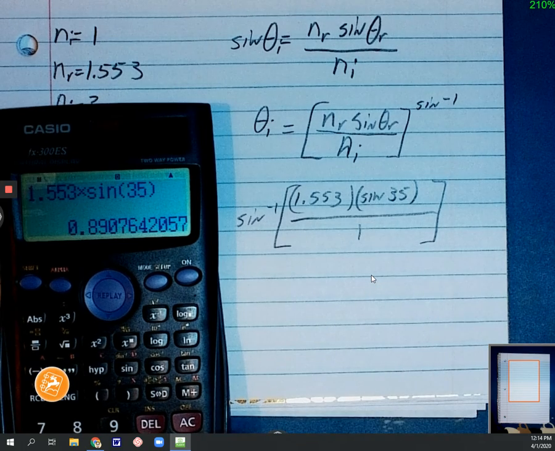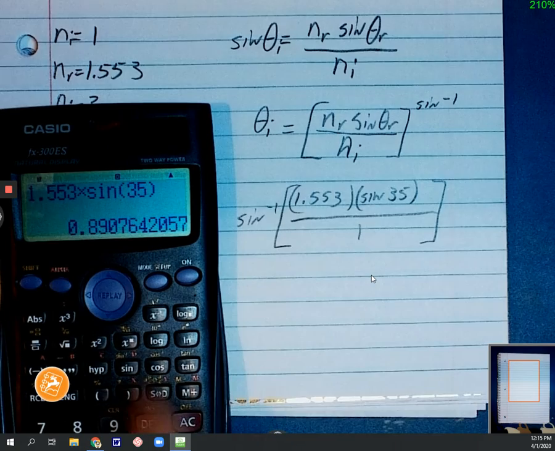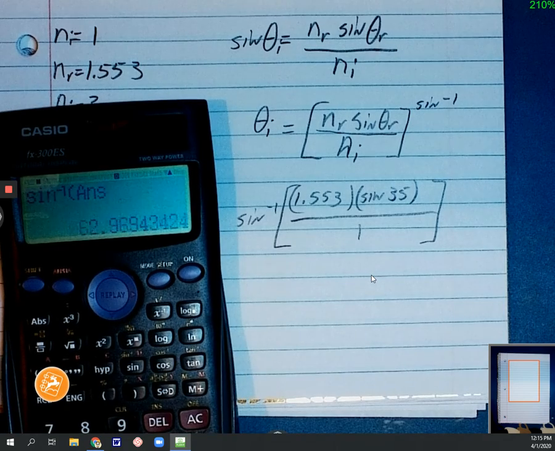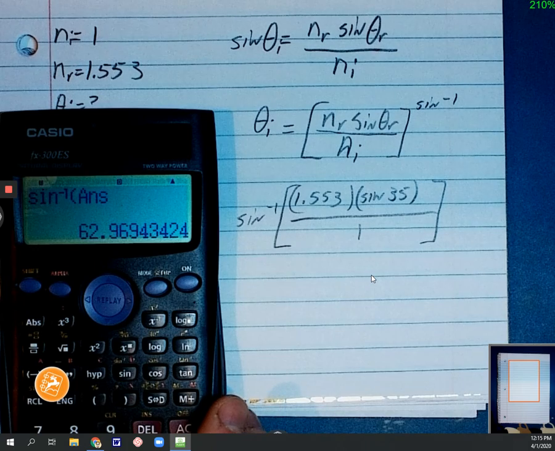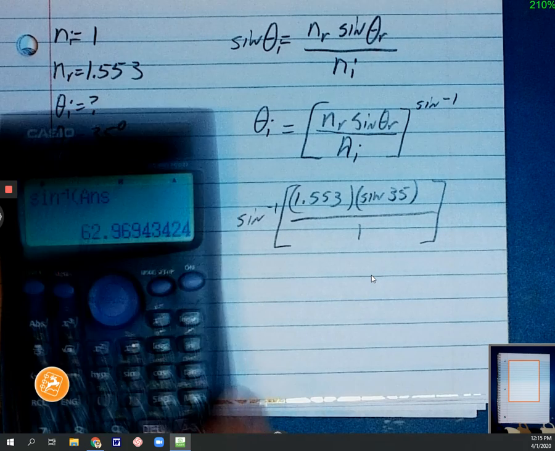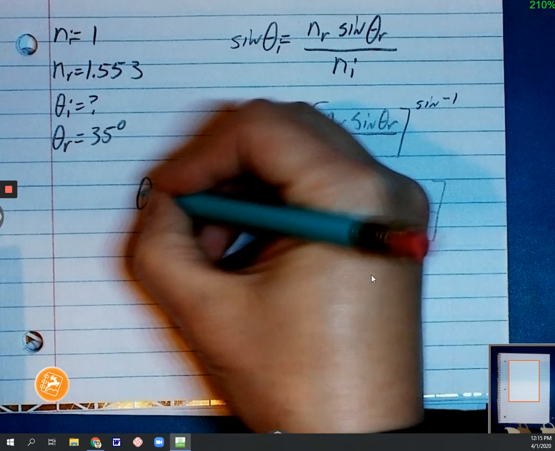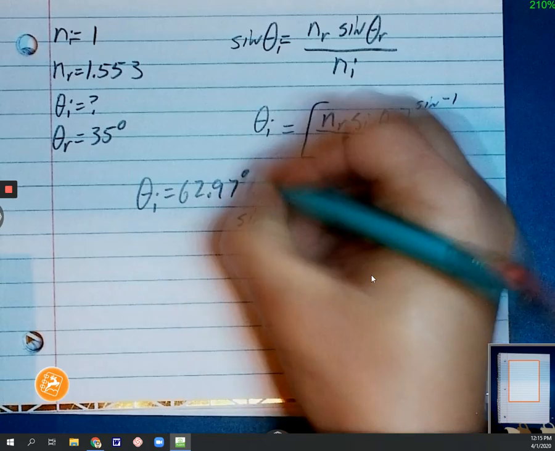So I've got 0.89. Now I'm going to do sine to the negative 1 of this. So I'm going to hit Shift, sine, answer. And it tells me that my angle of incidence was 62.97. Okay, so I'm going to say that theta sub I equals 62.97 degrees.